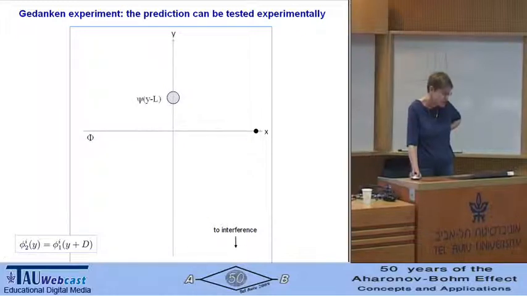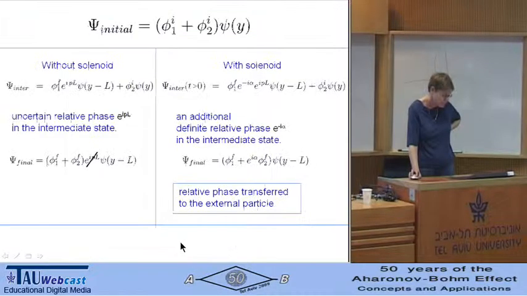Now the charged particle ends up in this wave packet psi y minus L, and the external particle has been reflected and moved downwards. And this is now a superposition of these two downgoing wave packets. Notice also that in the final state, the relative phase due to the solenoid has been transferred to the external particle. And this can be measured in an interference experiment on the external particle.